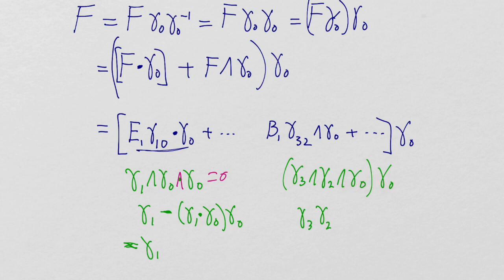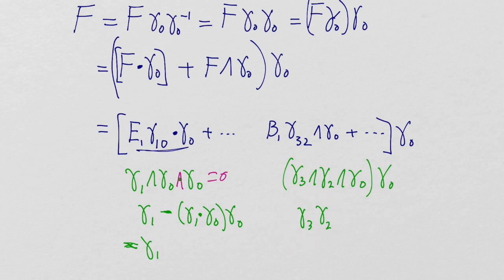But the contraction, the first contraction, will give you gamma 0 dot gamma 0, gamma 3 wedge gamma 2 left over. But all the other contractions are going to be gamma 2 dot gamma 0 and gamma 3 dot gamma 0, which are 0. So the only thing left is this.